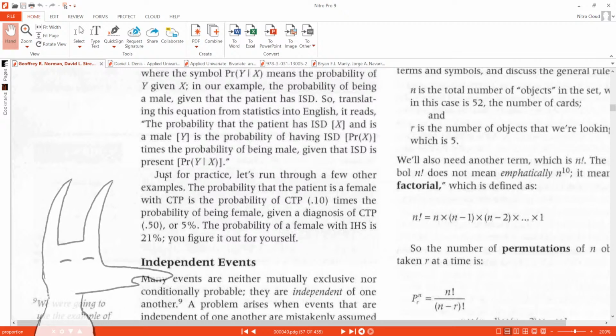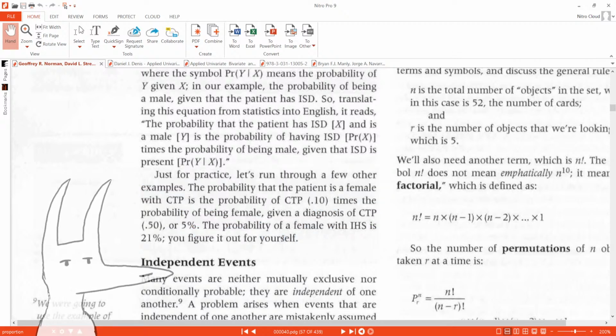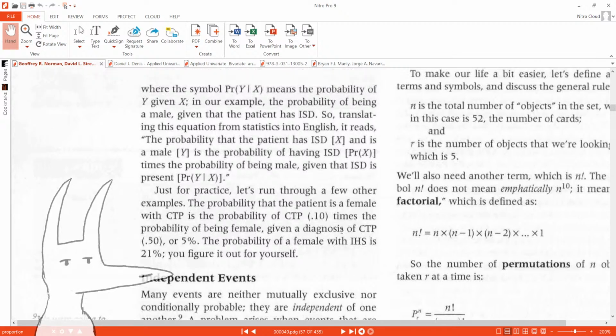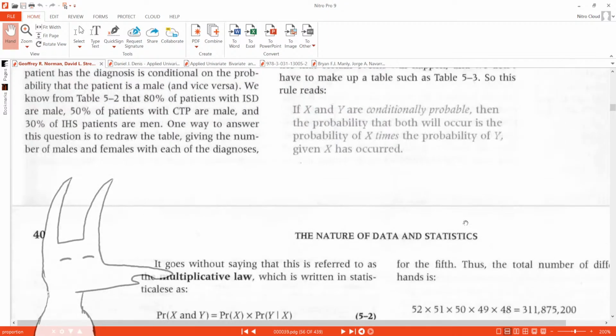Just for practice, let's run through a few other examples. The probability that the patient is a female with CDP is the probability of CDP times the probability of being female given a diagnosis of CDP. Probability of a female with IHS is 21%. You figure it out for yourself. What?